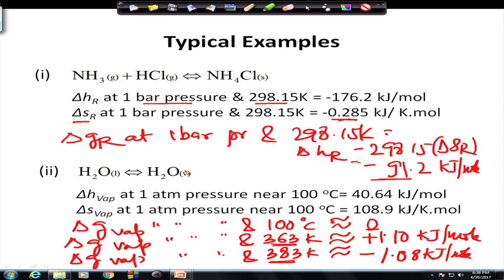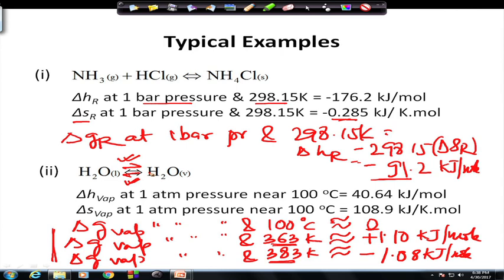So, therefore, just by calculating the delta G vaporization values, we know that the reaction can occur in both ways for 100 degree centigrade, and this particular direction is spontaneous for 383 degree Kelvin, and this particular reaction is spontaneous for 363 degree Kelvin.